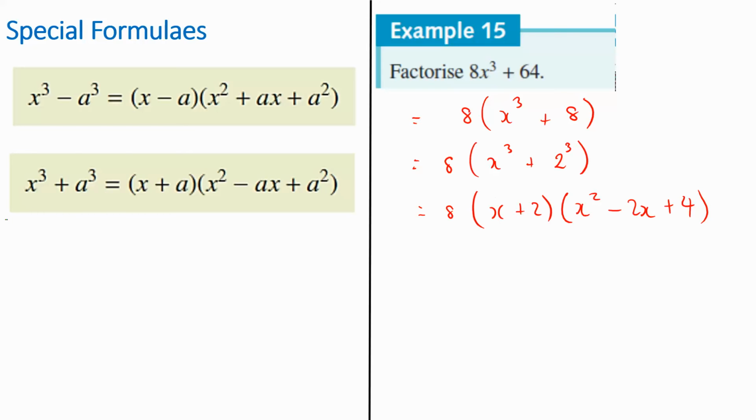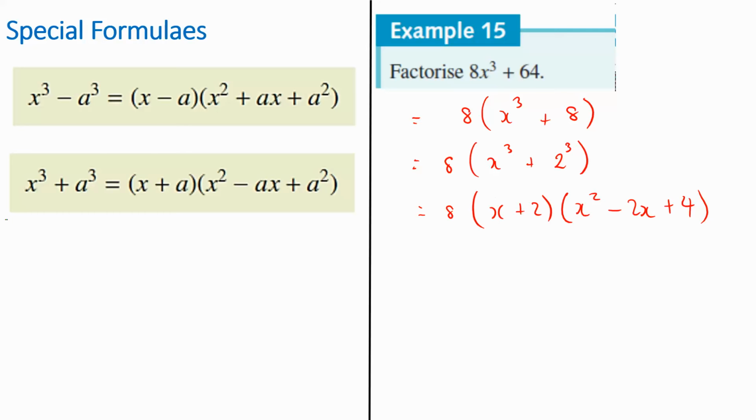Now, the last step is you want to see, can you factorize this even further? x squared minus 2x plus 4 is a quadratic. Is it possible to factorize further or not? Sometimes you can, sometimes you can't. What numbers would you use? 2 and 2. Was it negative 2 plus 2? Negative 2 plus 2 gives you 0.